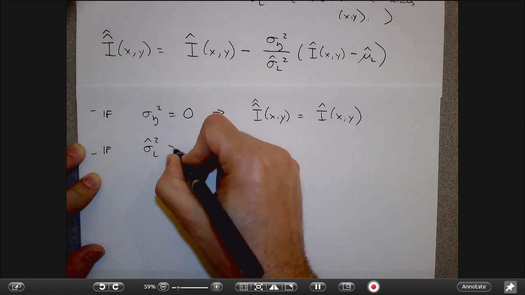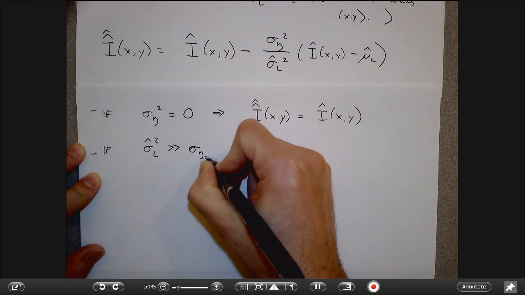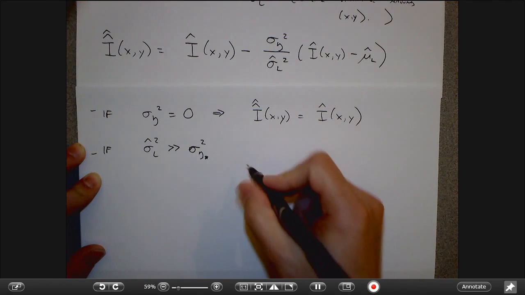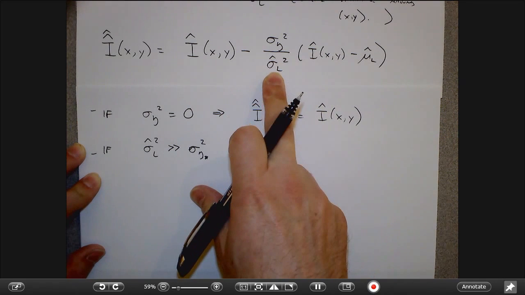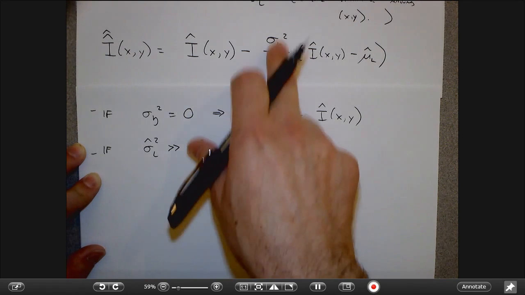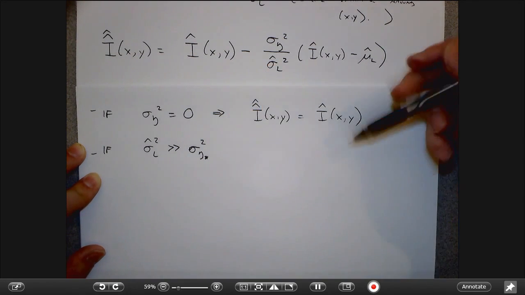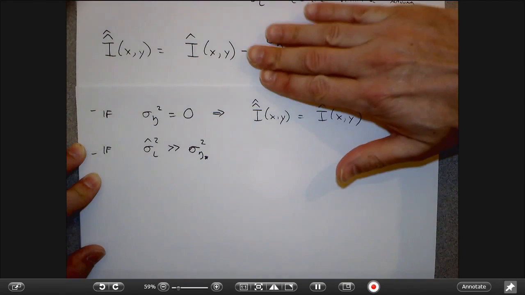If the local variance is a lot bigger than the global variance, then what happens? Well, then this number here is basically almost equal to 0, because the denominator is much bigger than the numerator.